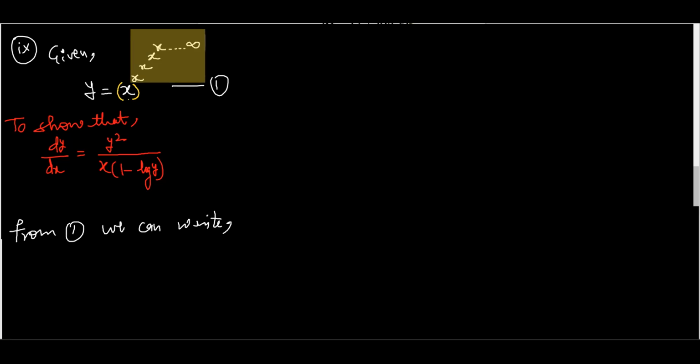Okay, right? So from 1 I can write y equals to x raised to x raised to x raised to x raised to x, infinite times I have this.